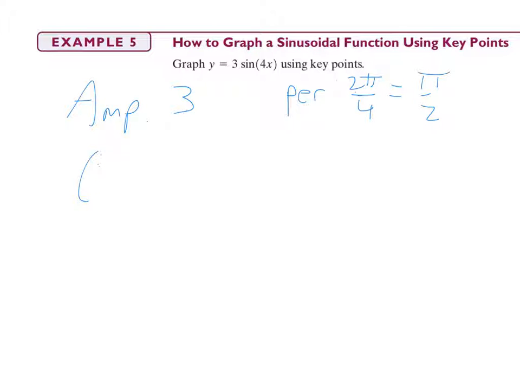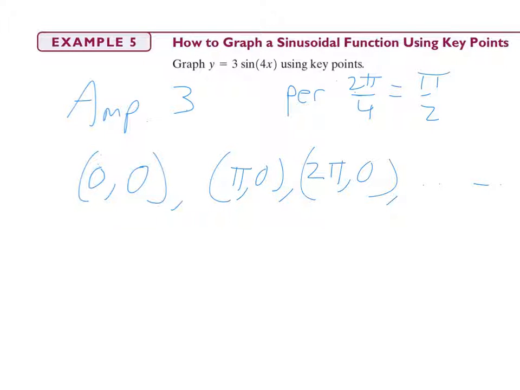Normally the sine graph would be equal to 0 at the points 0, 0, pi, 0, and 2 pi, 0, etc. But since we multiply by 1/4, the x-intercepts would now be at 0, 0, and pi over 4, 0.